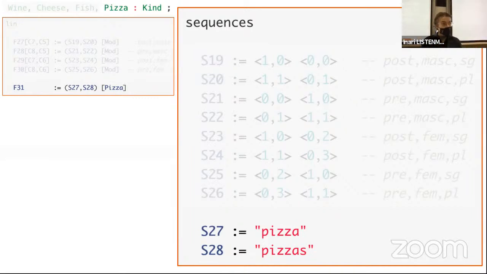But at this level, we don't even have the labels. It's just these sequences, and the order is significant. So F31, i.e. pizza, is a tuple of sequences, pizza and pizzas in that order. So we have resolved pizza as far as we can.